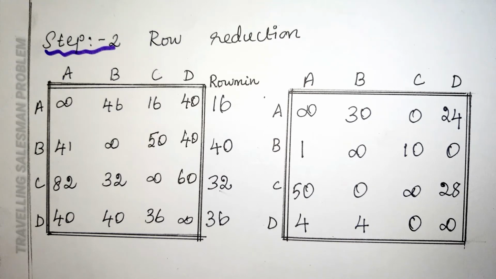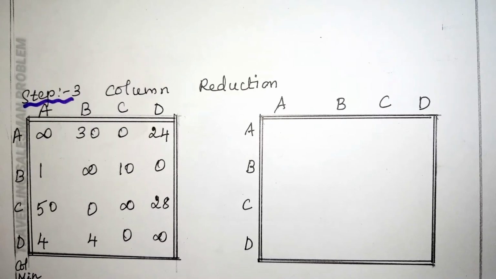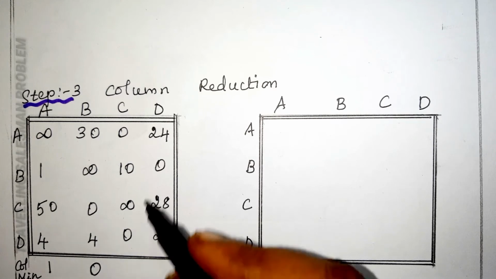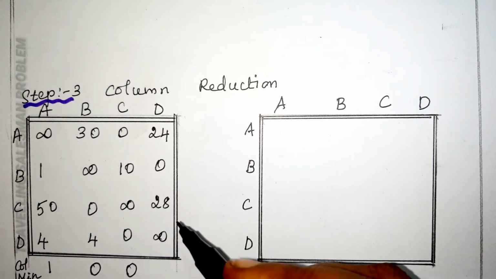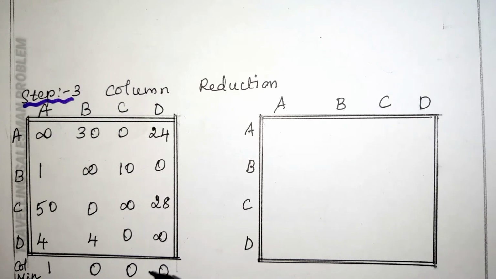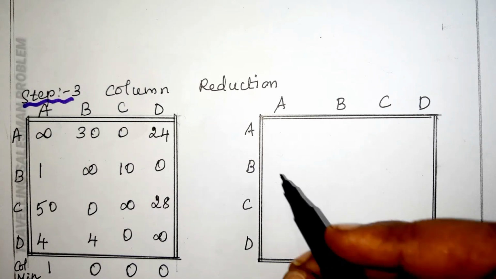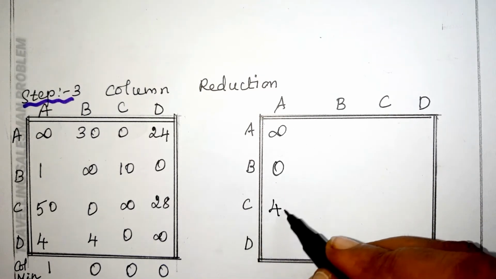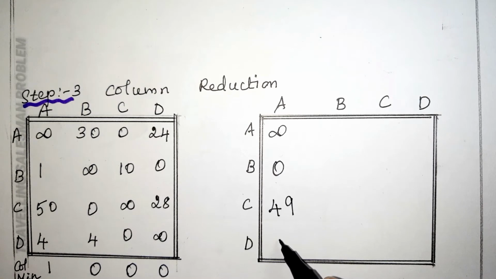Row reduction is over. After row reduction, we go for column reduction. In the reduced matrix, in each column you have to select the minimum number. First column minimum number is 1, second column minimum number is 0, third column minimum number is 0, fourth column minimum number is 0. In the first column, 1 is the least number, so infinity, 1 minus 1 is 0, 50 minus 1 is 49, 4 minus 1 is 3.